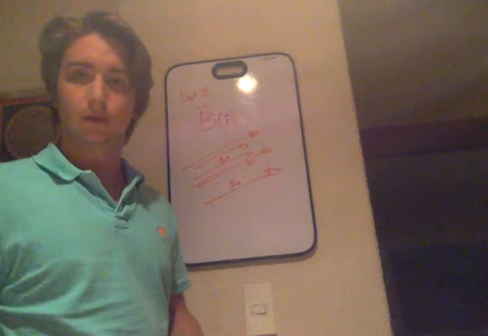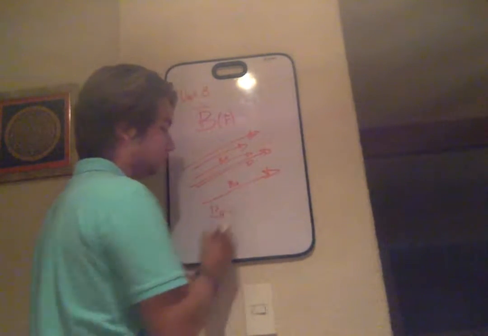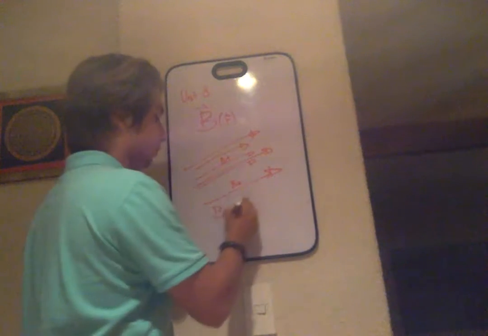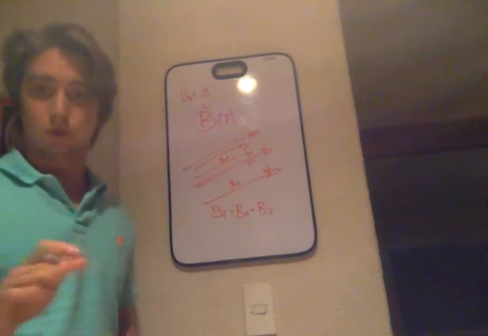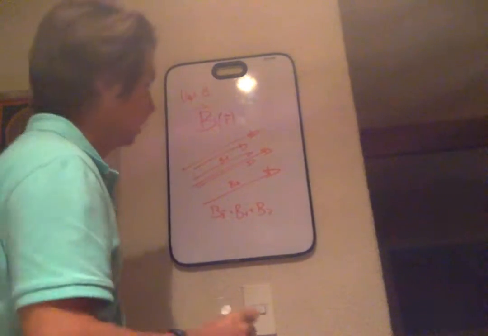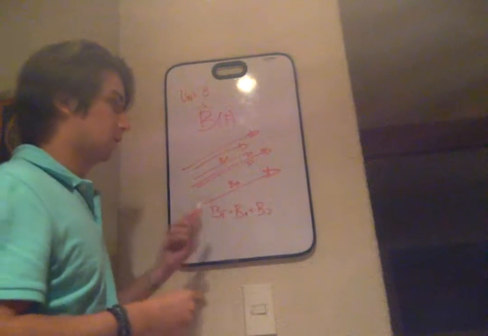Well, it's basically a sum. The B total, or the total magnetic field, will be the sum of B1 plus B2. That's pretty simple, and that's only when they have the same direction.